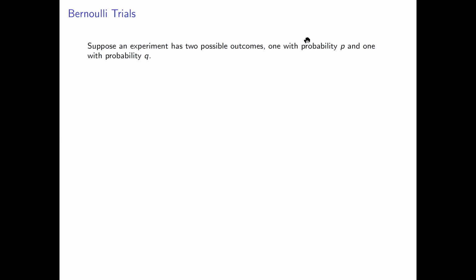We'll assume that one of those outcomes has probability P, and the other has probability Q. For example, maybe you have an old coin which is biased and lands heads 2/3 of the time. Then we'll let P equal 2/3, the probability of the first outcome, flipping heads, and we'll let Q equal 1/3, the probability of the second outcome, flipping tails.